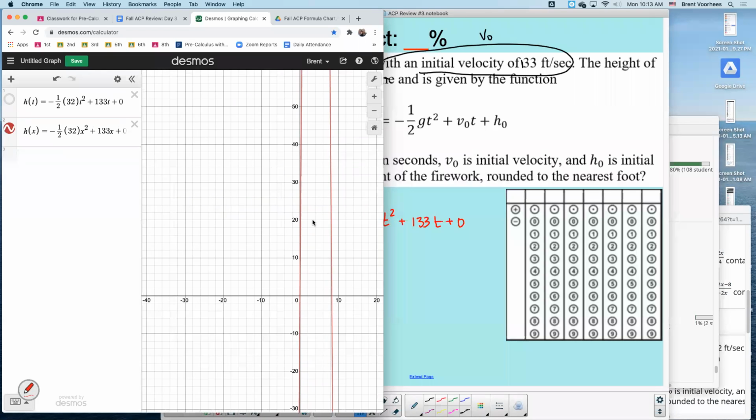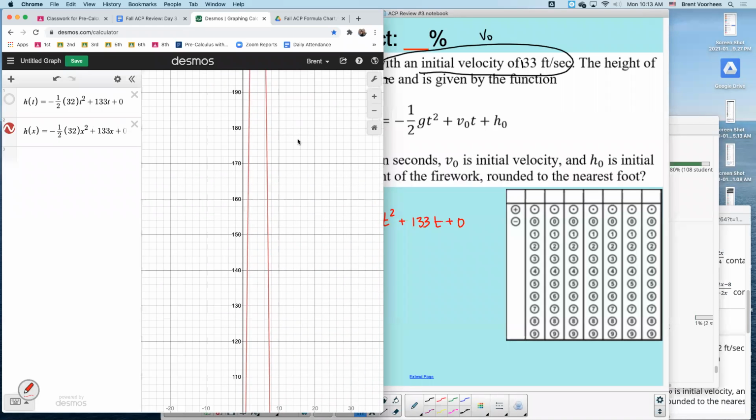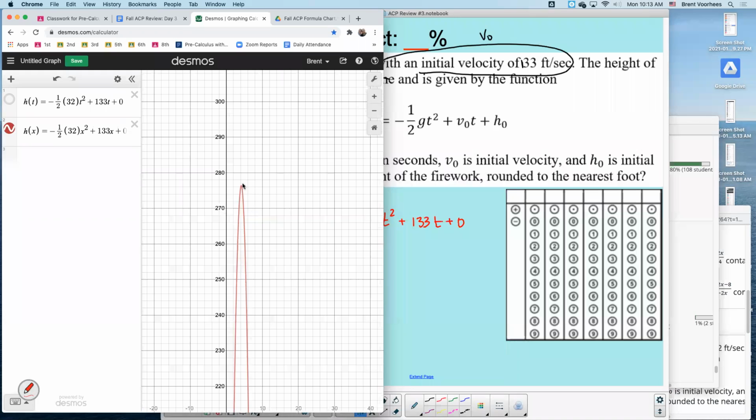I want to know the maximum height. So the maximum height would be the highest point. If I go out here and keep zooming up, I'll find the maximum height. And on Desmos, all you have to do is click it. So it doesn't matter which graph you had, the maximum point is right there.